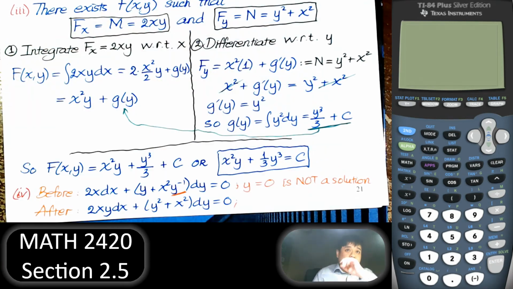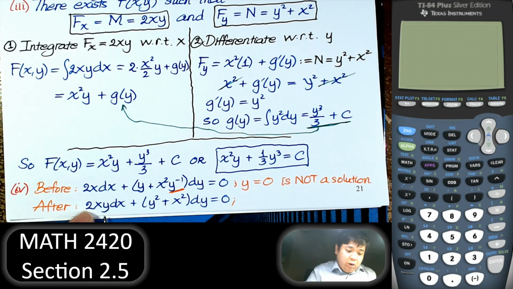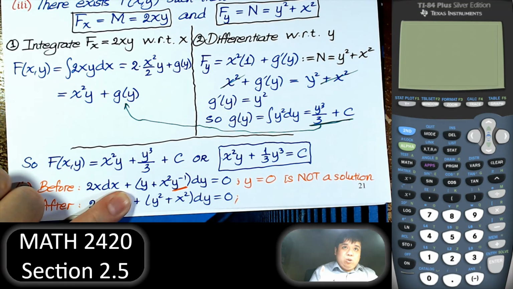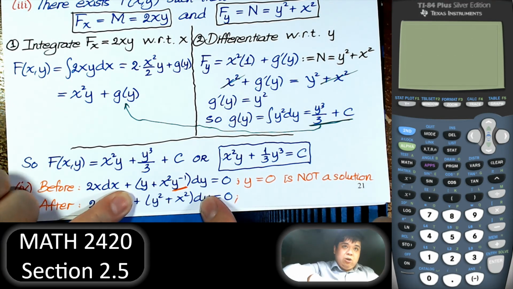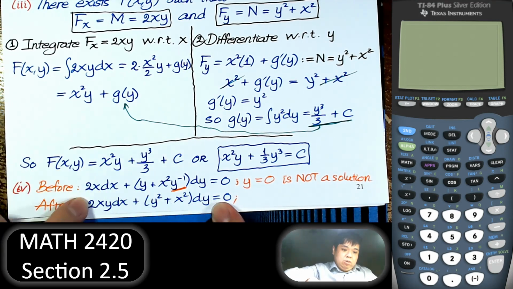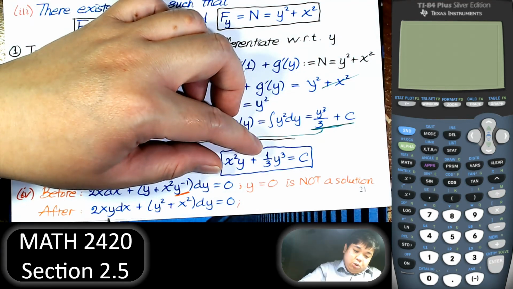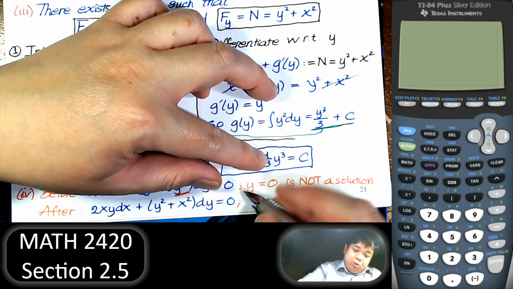And after we multiply by the integrating factor, if y equal to 0, this one equals 0, and dy is equal to 0 as well. So all of this equals 0. So originally y is not a solution, but after that y can be equal to 0.